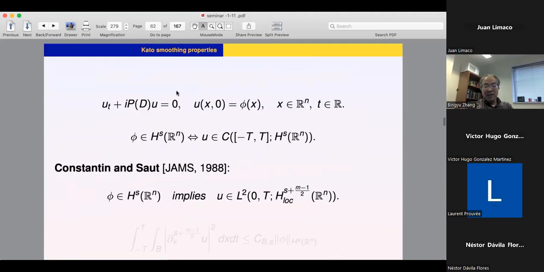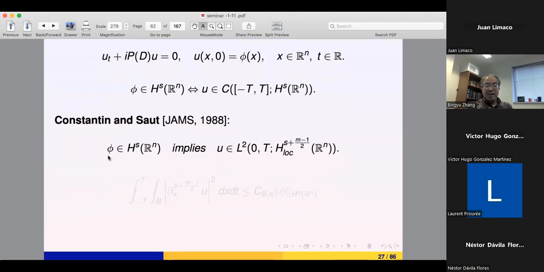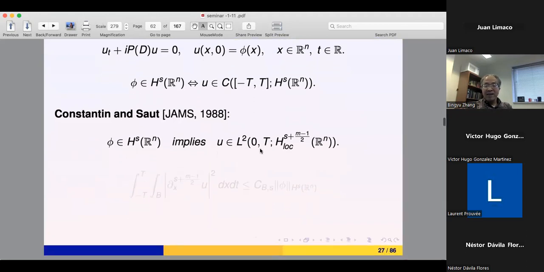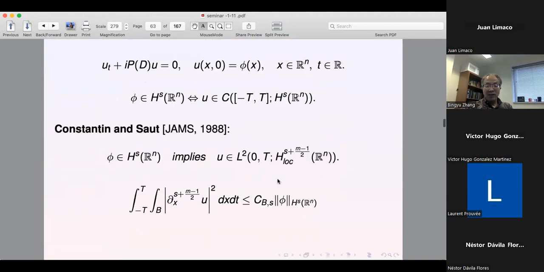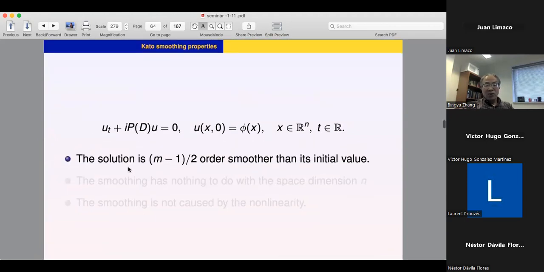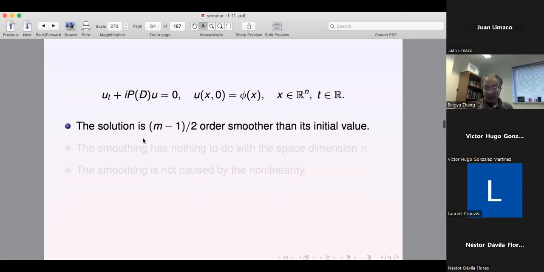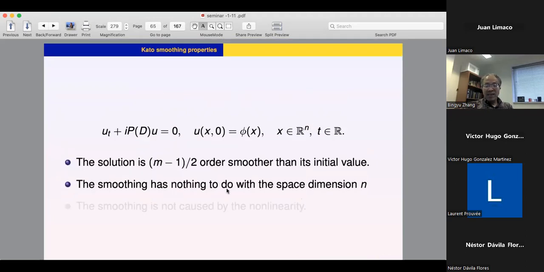Then Constantin and Saut showed that if the initial value belongs to H^s(R), then the solution is (m-1)/2 orders smoother than its initial value, locally of course. Here m is the order of this differential operator. Secondly, the smoothing has nothing to do with the space dimension n.